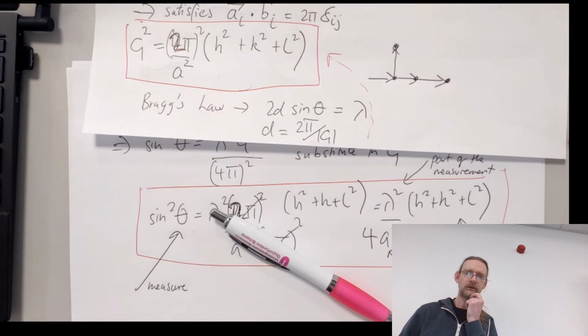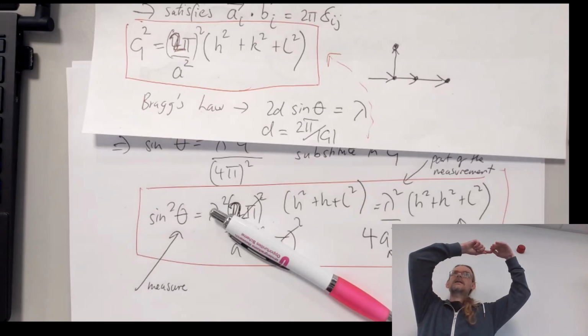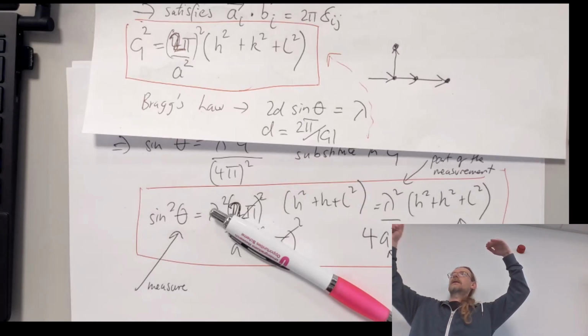What was measured? It's 2 theta values, these values. The thing was scanned, the X-rays come in, they reflect off, and there's a detector on the other side.